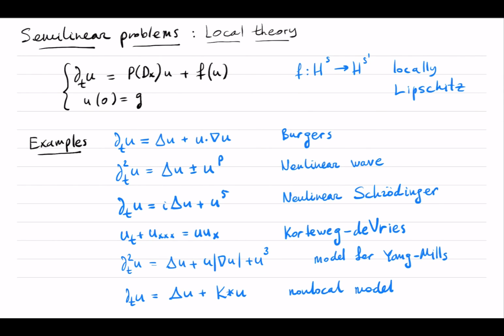This is a simple model for the Yang-Mills equation. You can even include non-local terms here. So technically speaking, this is not a PDE, but this equation can be studied by the same method.